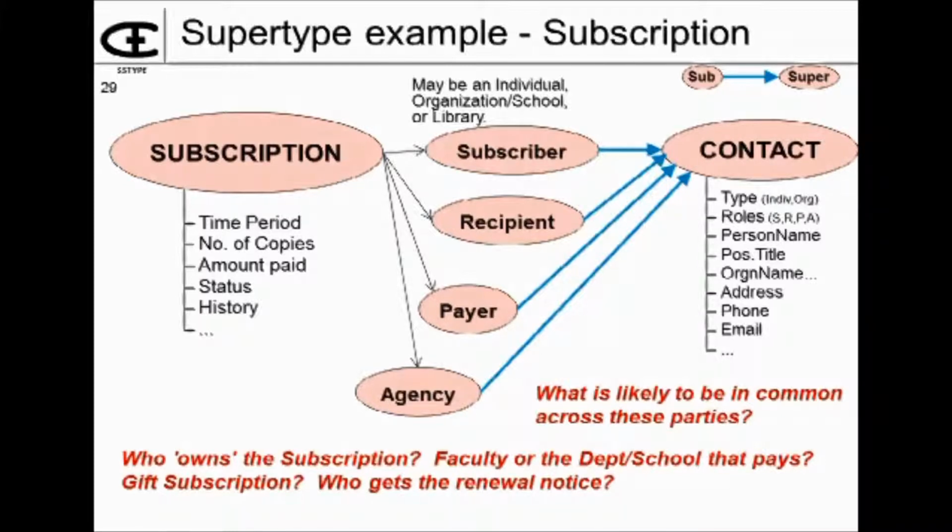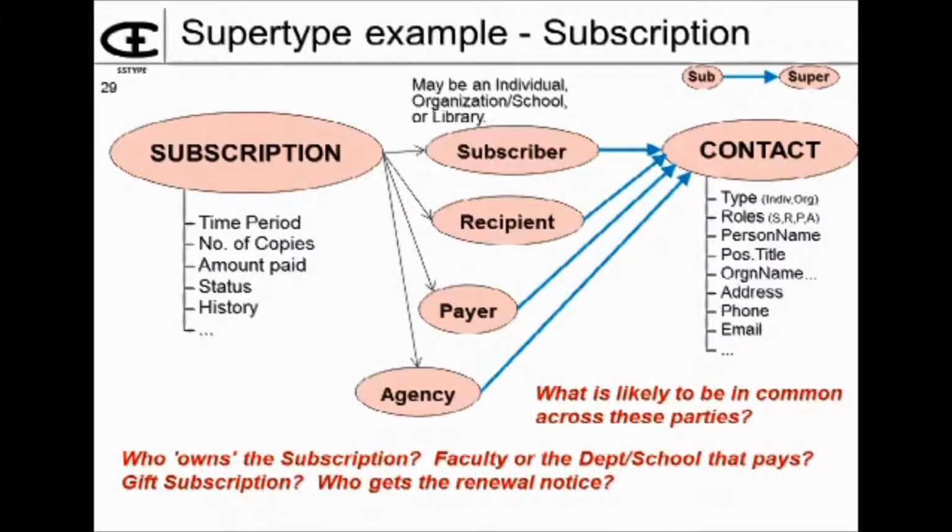But then you've got person name, position title, organization name. If it's a person directly, then it would be the organization that they're affiliated with. If it's an agency, for example, then the person would be the representative there for contact. Address, phone, email. Okay? This is a good example of where a subtype, supertype is useful.